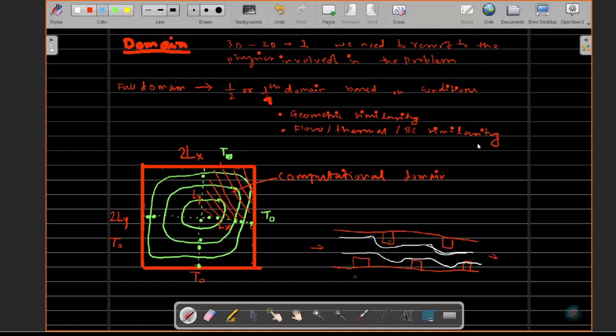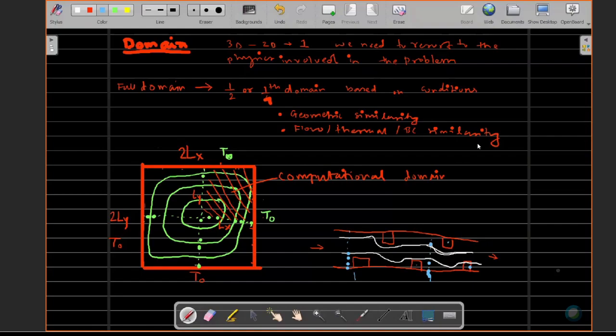Suppose this is the length after which there are again many of these pins or fields, so there will be a repeatable flow. So instead of solving for the full domain, you might go for a domain with one pattern, and the other patterns are going to repeat.